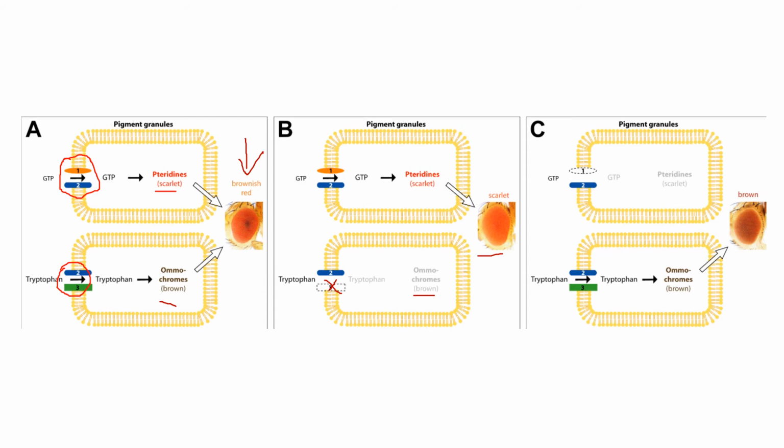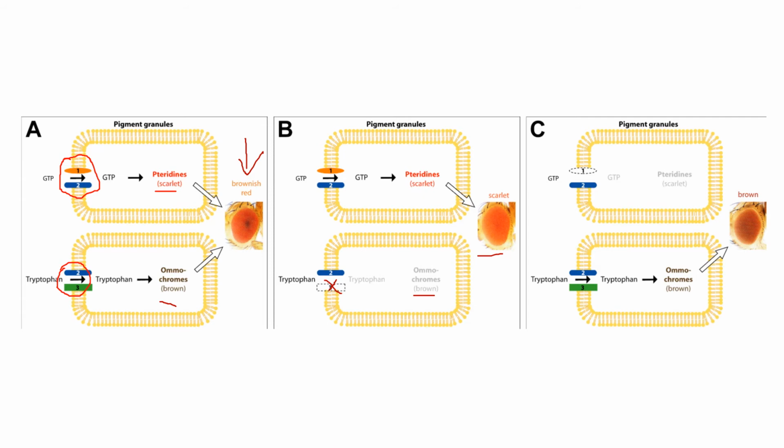So only the pigments that have the reddish colors are working. Now, here I want you to go to component number six, C, and see what is the problem.